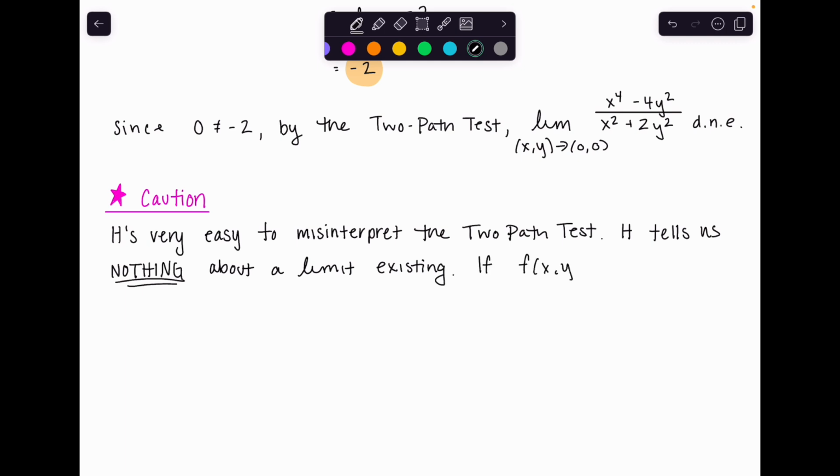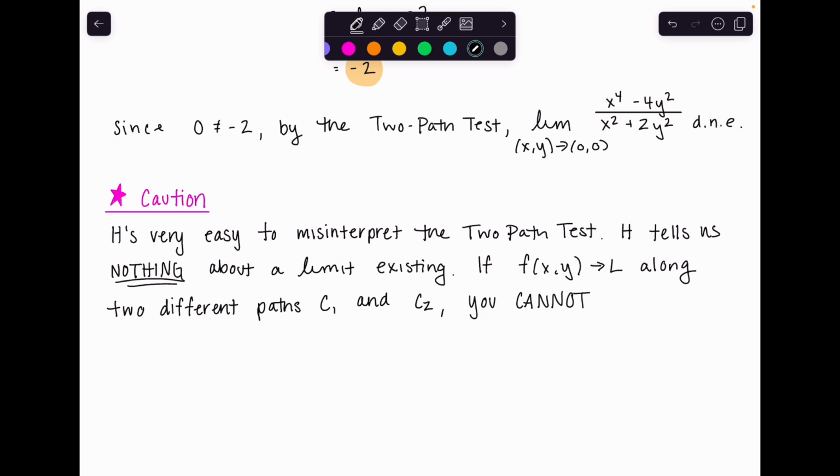If this function approaches some value L along two different paths, C1 and C2, you cannot say that the limit of the function is then equal to L. This has to hold for every single path you try.